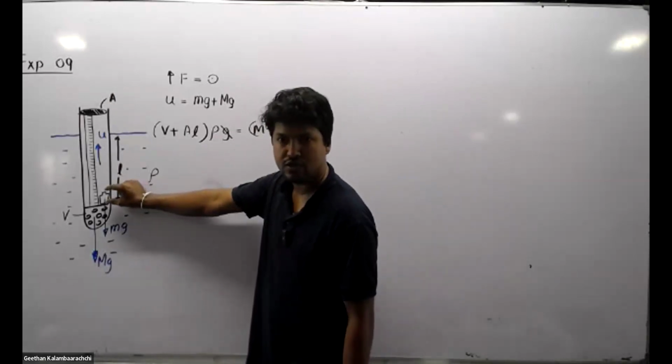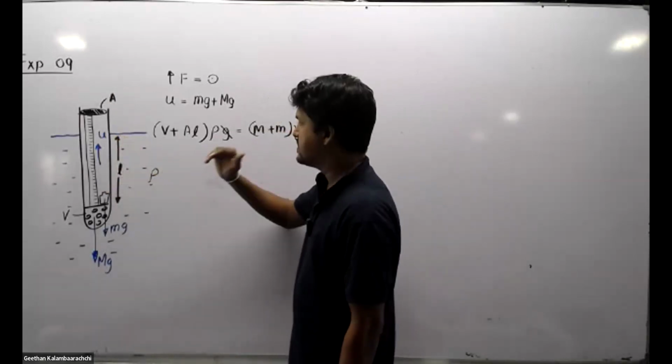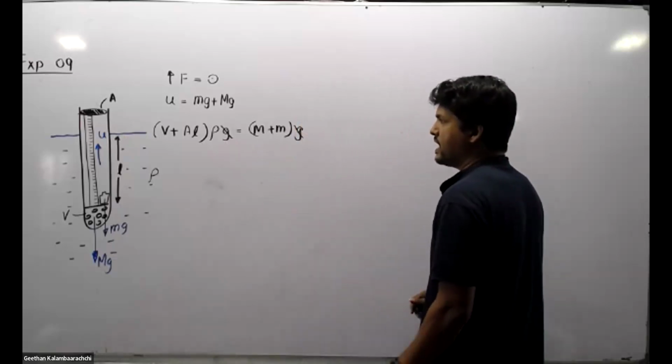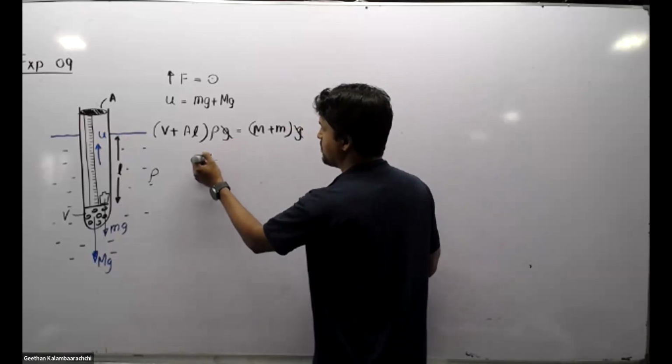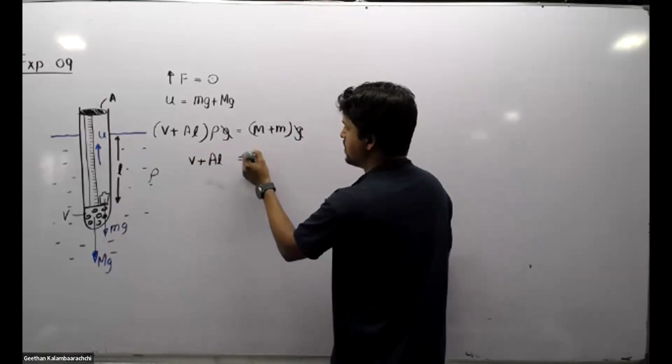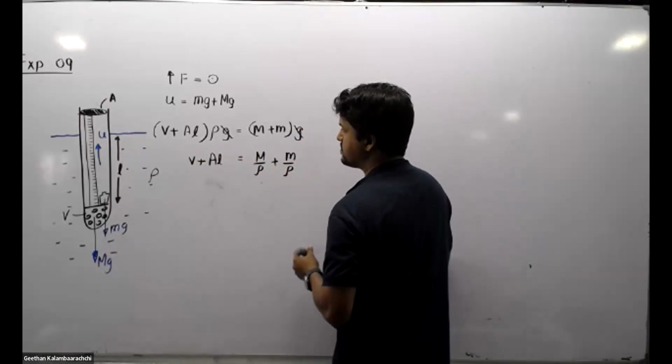Simple m you can change, and accordingly L will change. With simple m on the x-axis and L on the y-axis, the equation is V plus AL equals M over rho plus simple m over rho.